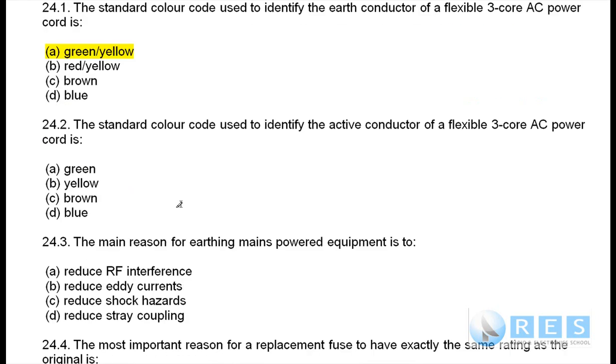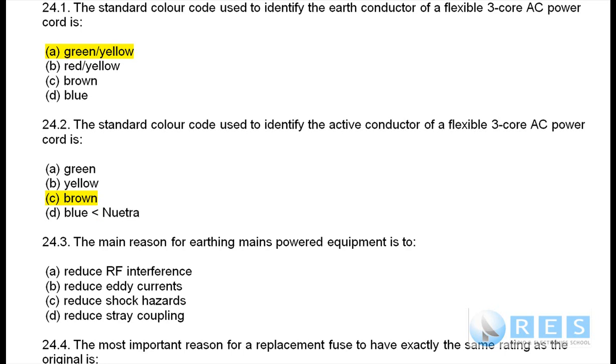24.2, the standard colour code used to identify the active conductor of a flexible 3-core AC cord is, well, the active is brown. I don't know if we'll have it coming up, but blue is the neutral. And green, yellow, of course. Oh, good spelling.